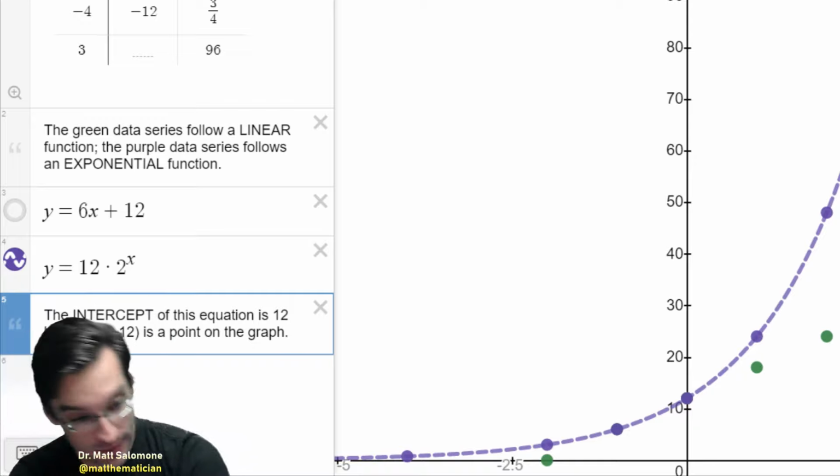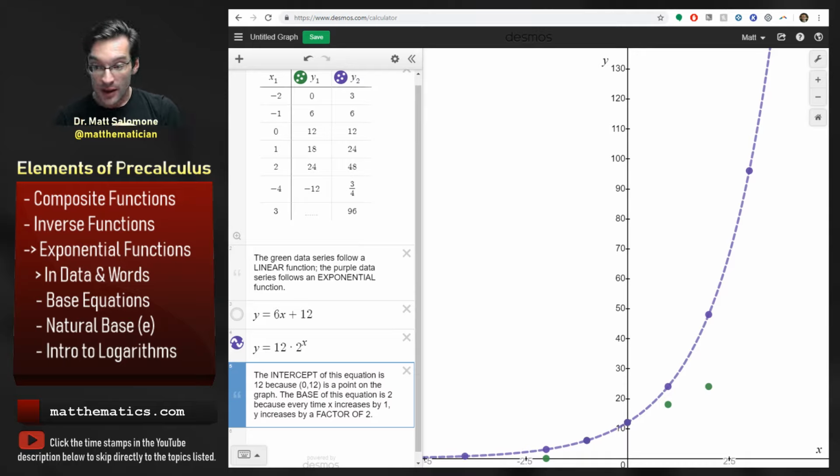And so that's the story for how we spot exponential behavior: addition and subtraction changes in the x variable are consistently correlated to multiplication and division changes in the y variable. So that's what we have here. When this is an exponential function, we've now discovered a formula for it.